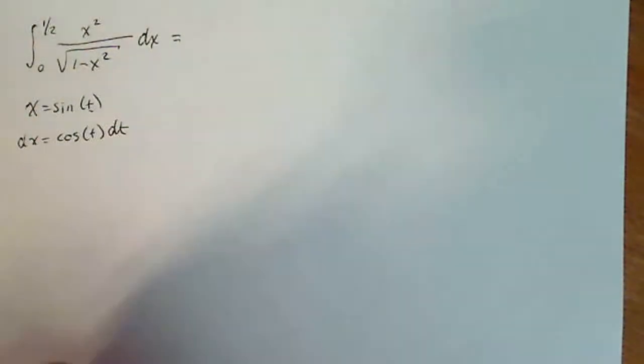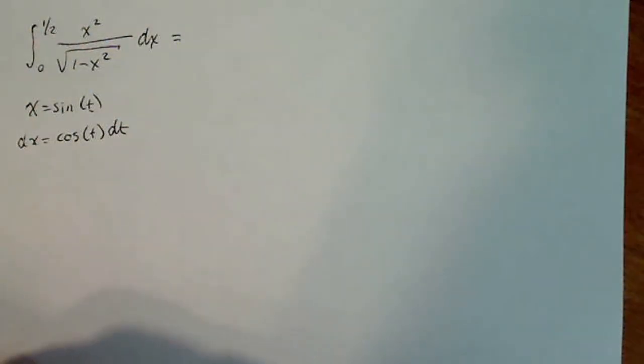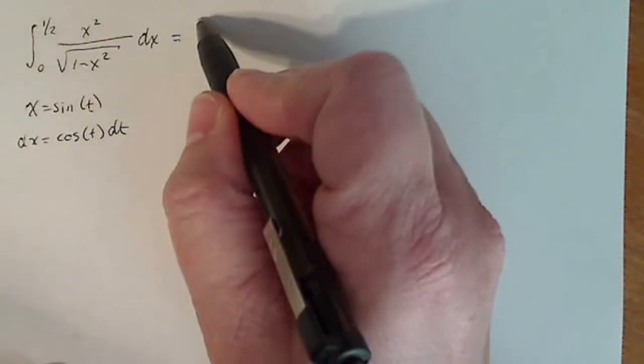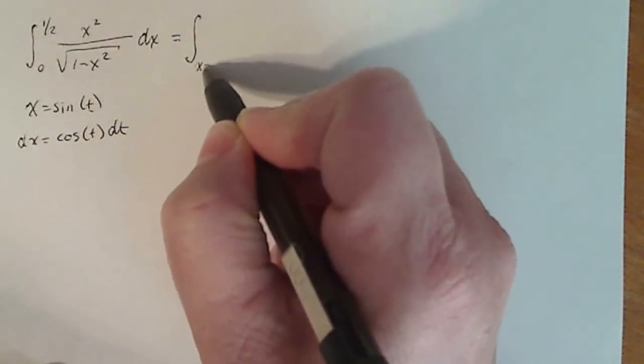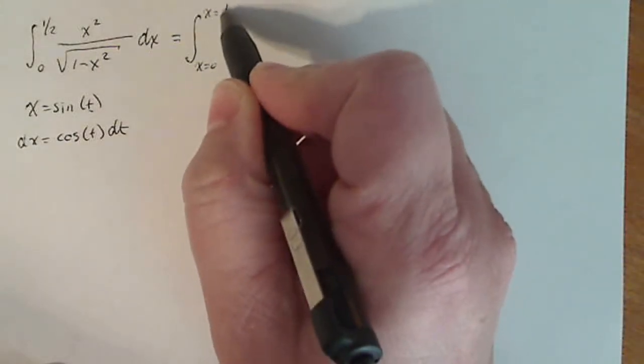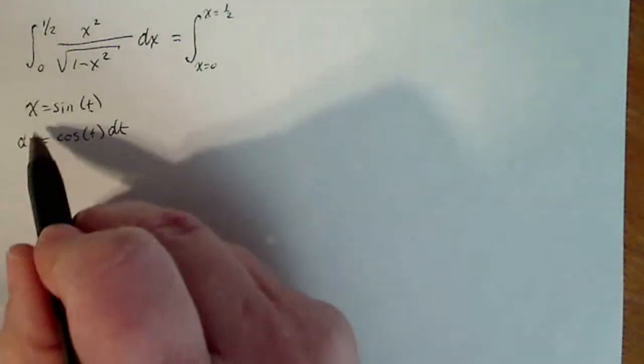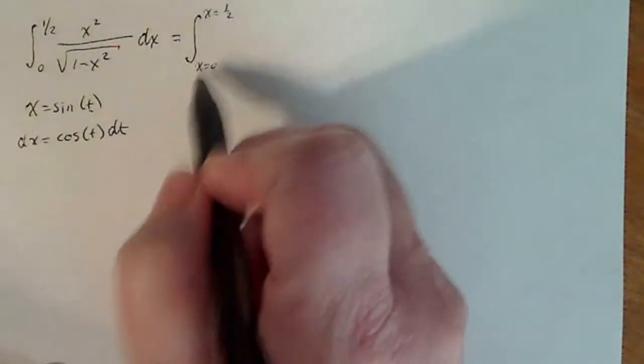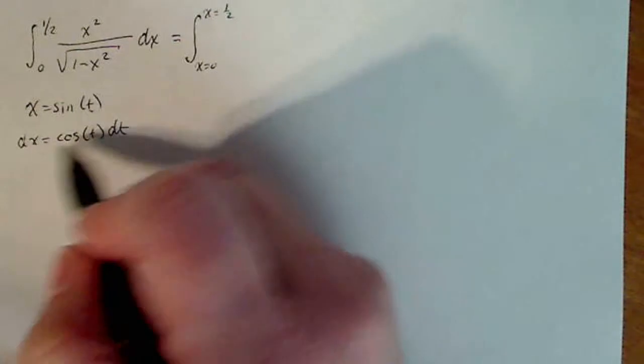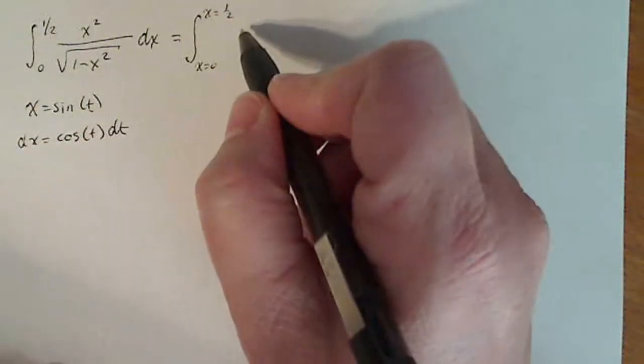If I go ahead and do this one here, this is equal to the integral from x equals 0 to x equals 1/2 because I'm changing everything to t, so that's going to be an x. Now, I may change those in a minute, but let's just go from here.